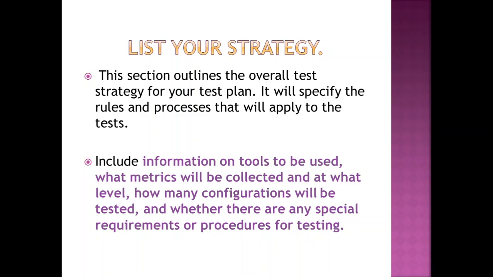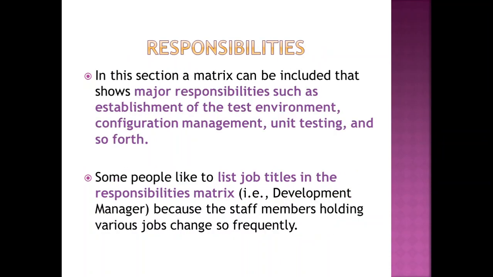It could be manual testing or a combination of both manual and automation. All these pointers should be mentioned in your test strategy. It is not only important to say what you will be doing, but it is also an intelligent thing to say how you are going to do it. So that will be your strategy list.